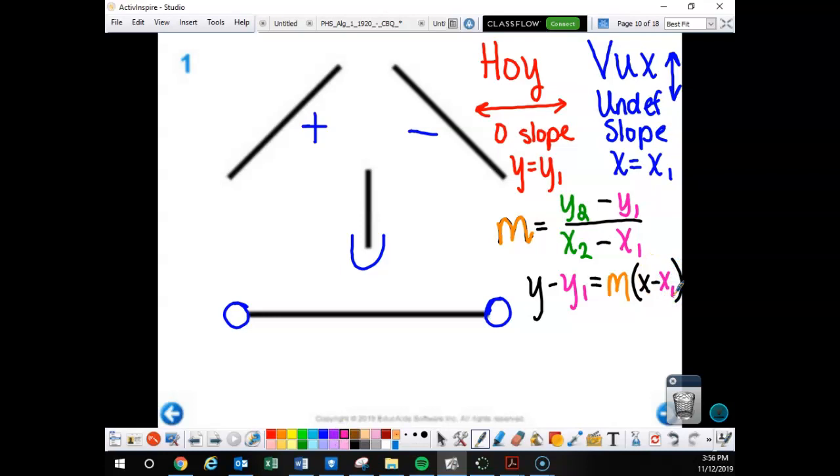Let's make the slope orange. And then you can change all of that up into slope-intercept form, where it's y equals mx plus b, where b is your y-intercept and m is the slope. Okay.